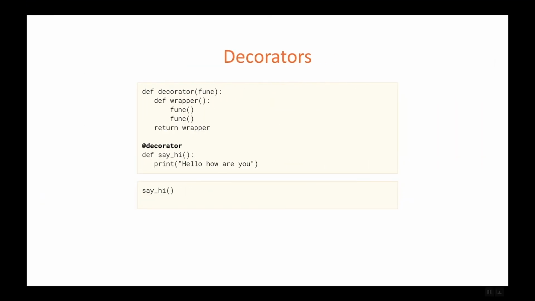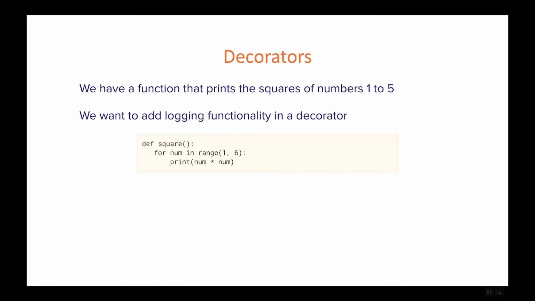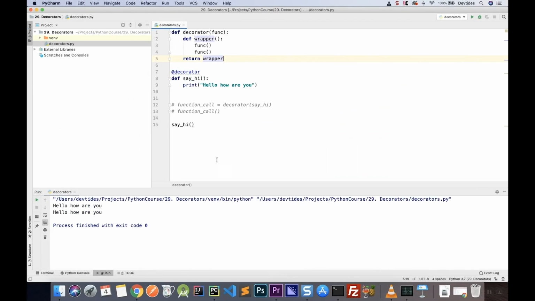All right, so let's take another example to clarify a bit and practice our decorators. Let's say we have a function that prints the squares of numbers 1 to 5, and what we want to do with our decorator is add some logging functionality for this function. So how would we do that? Let's put that in code.